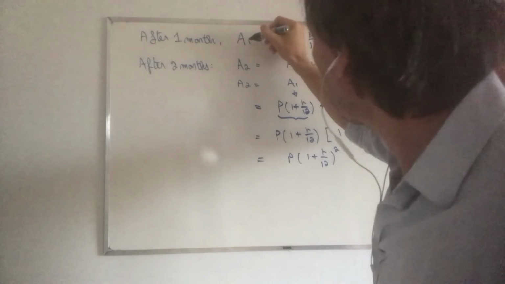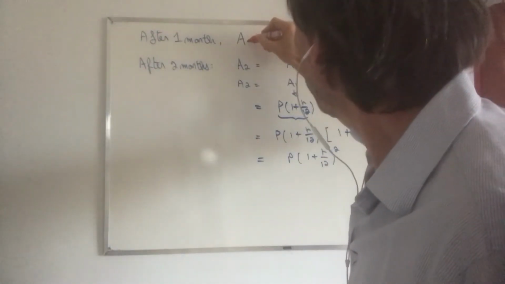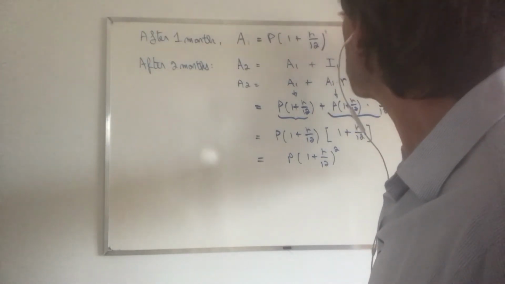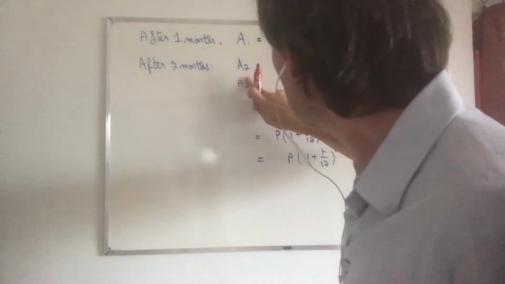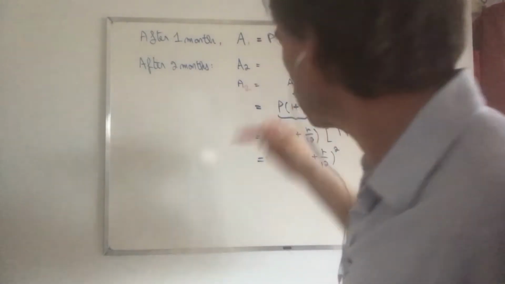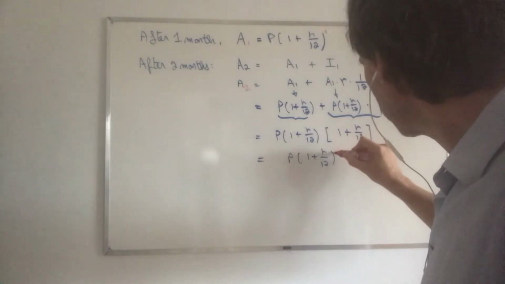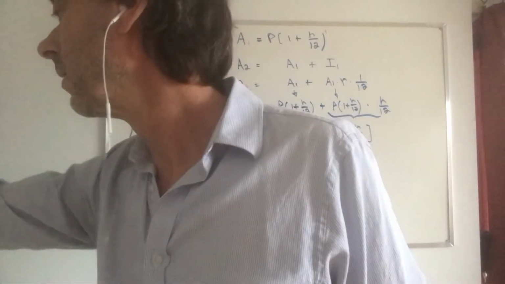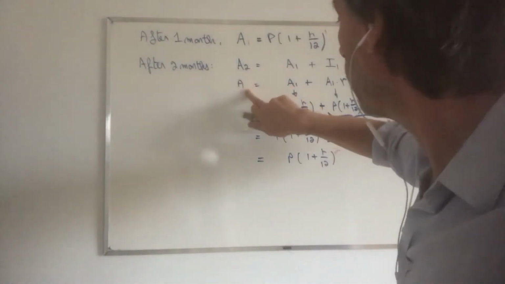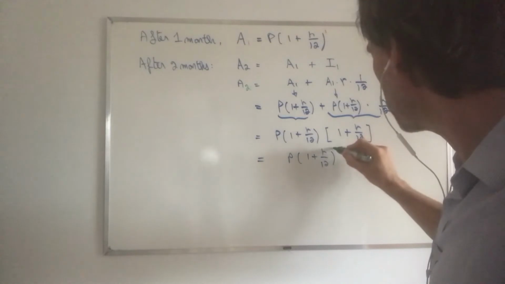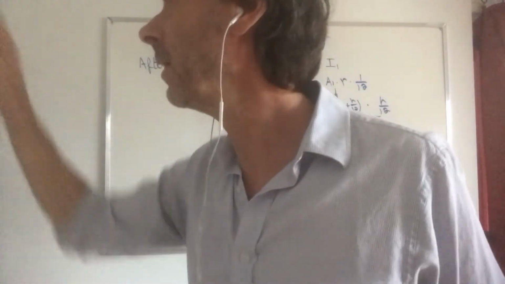So after 1 period, we get this to the 1. After 2 periods, we have a power of 2. So this is no coincidence that after 2 periods, the power of the bracket is actually 2.